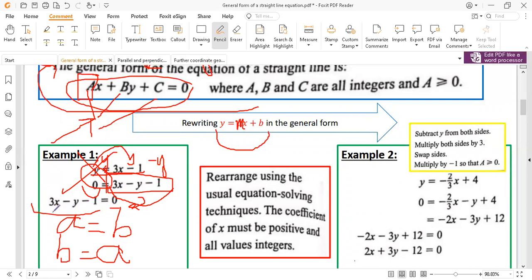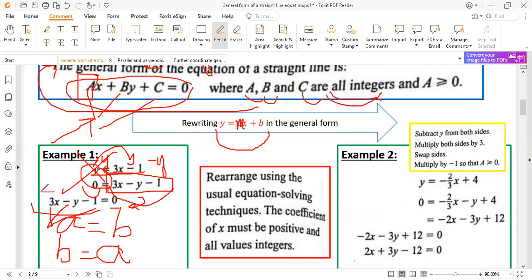We should verify that all the coefficients that we have here are integers, because we should be aware A, B, C are all integers. So 3 is an integer. Minus 1 is also an integer. And minus 1 is also an integer.